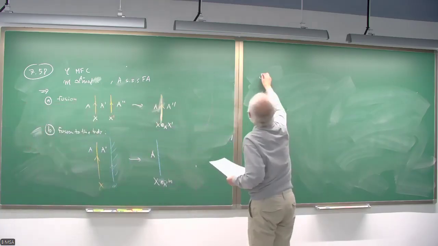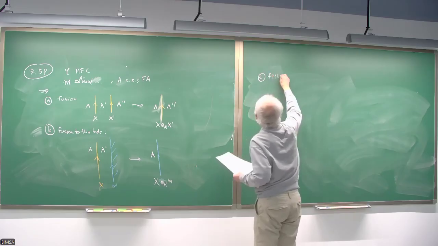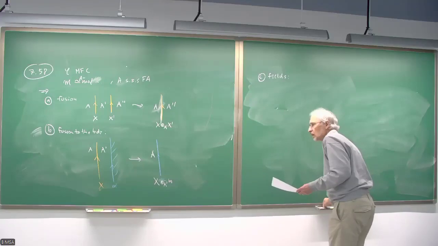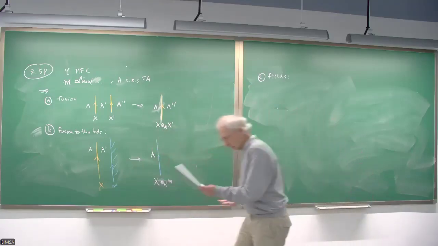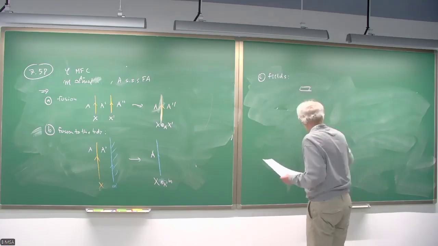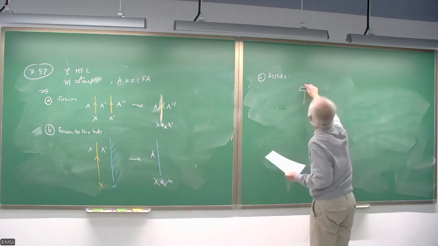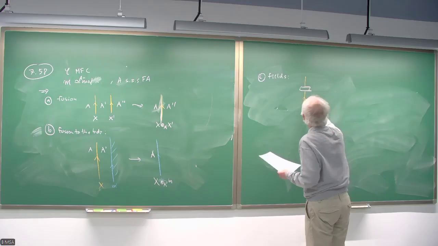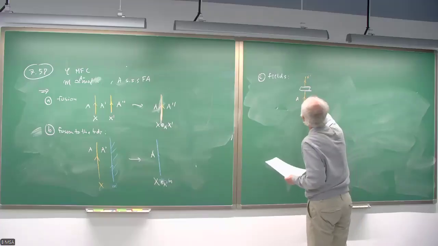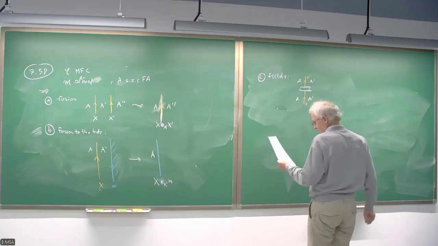Then I have defect fields, or defect changing fields if you wish, which correspond to the situation that we have a defect X prime here of the same type. So if I have X prime here, it will be the same on this side.